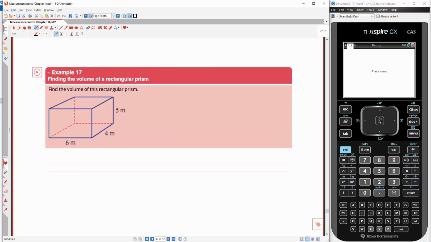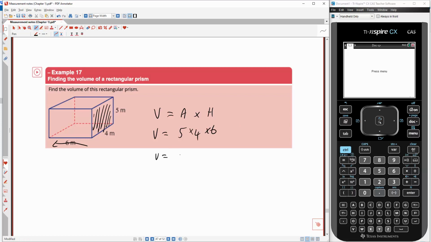Finding the volume of a rectangular prism. Find the volume of this rectangular prism. So the volume is the area of the cross section multiplied by the height. Now for this rectangular prism, we can really let any part of it be the cross section. So I'm going to let this part be the cross section, so volume equals the area of the cross section, which is 5 times 4, multiplied by the height, which is the distance it goes back there, so by 6.